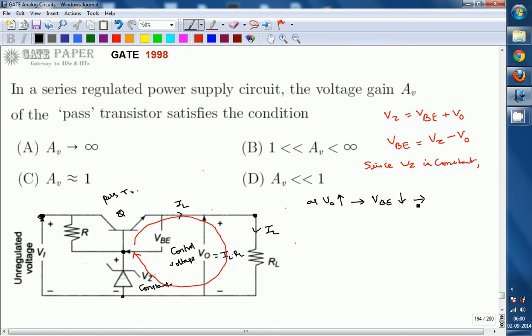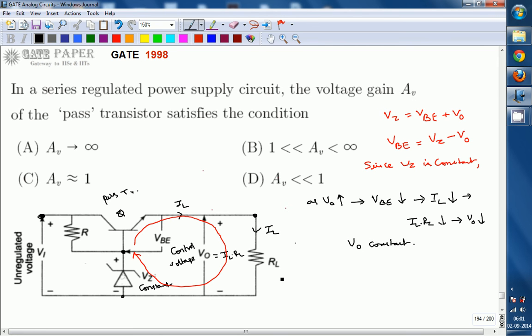Whenever VBE reduces, there is less forward bias for the emitter base junction, which means less emitter current, that is, the required load current is reduced. So IL into RL is reduced, and IL into RL is the output voltage, so the output voltage is reduced by the same quantity. Hence V0 is maintained constant.